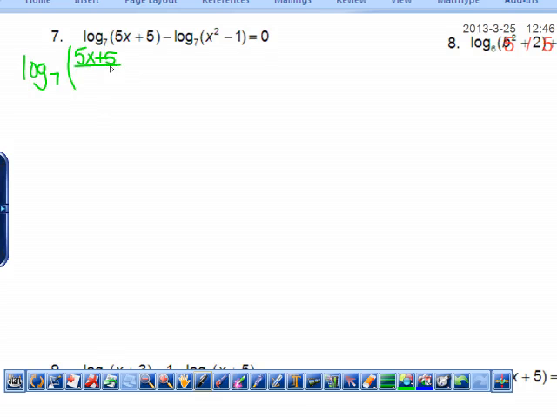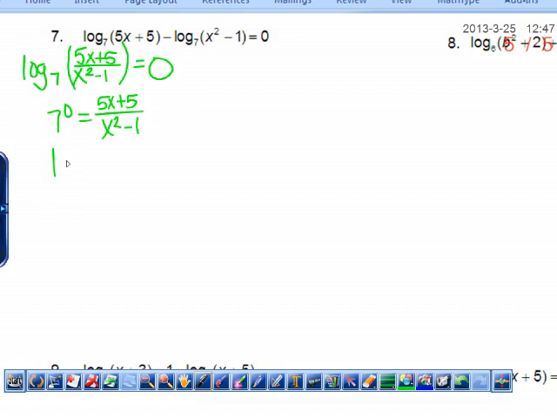So I'm going to have 5x plus 5 over x squared minus 1 equals 0. We can worry about factoring in just a moment. Let's turn this into an exponential. 7 to the 0 power equals 5x plus 5 over x squared minus 1. What is 7 to the 0 power?